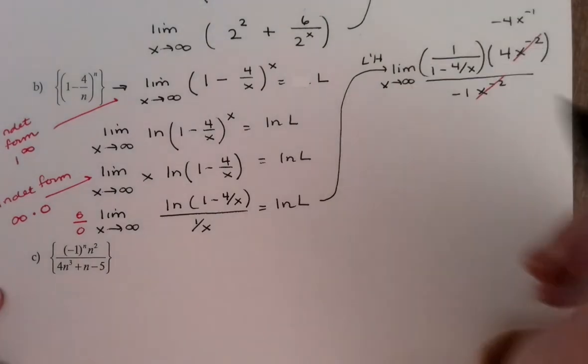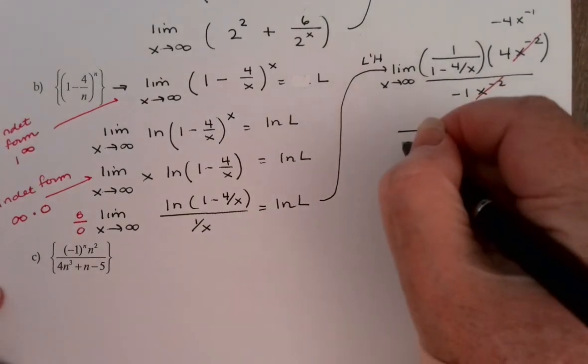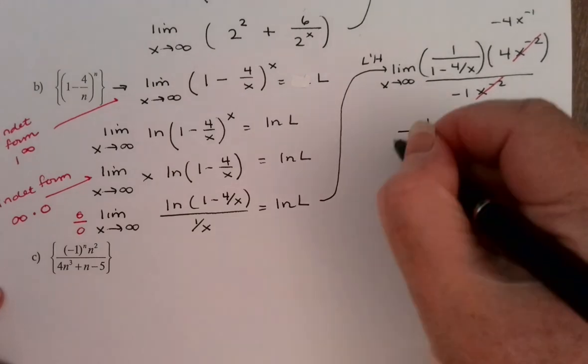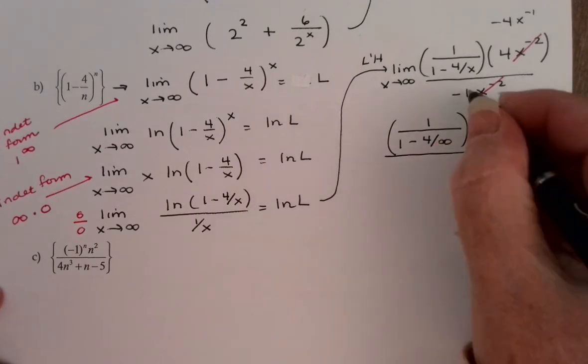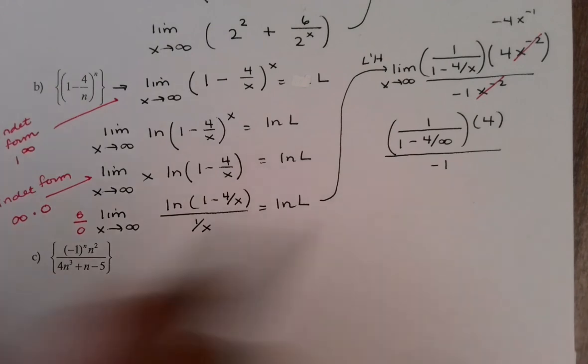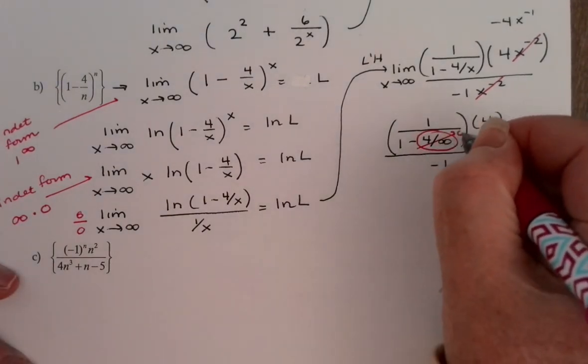And let's see, as x goes to infinity, I have 1 over 1 minus 4 over infinity times 4 divided by negative 1. This fraction goes to 0.